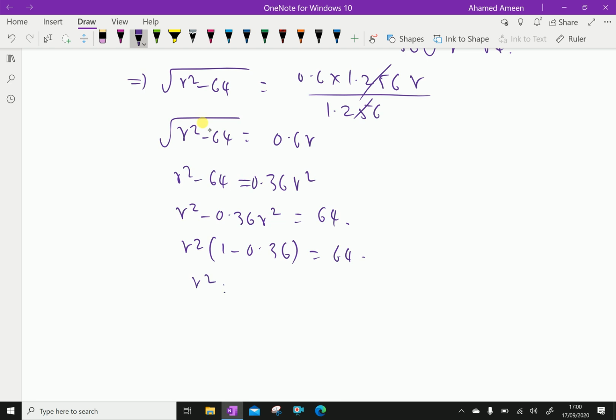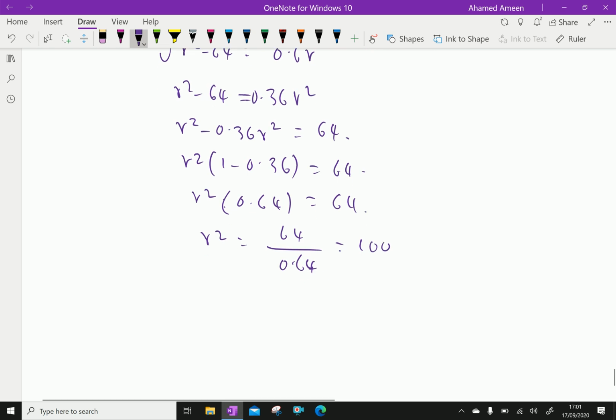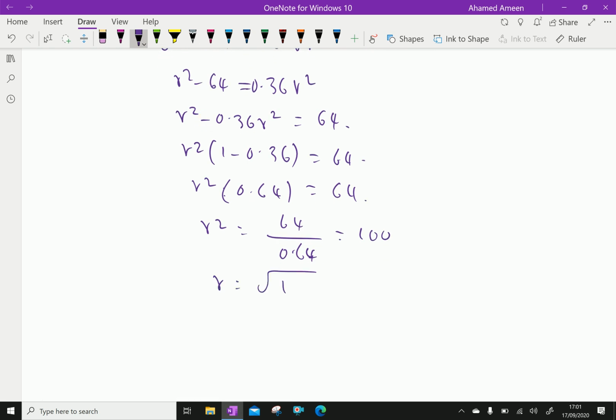Then r squared equals 64 over 0.64, which is equal to 100. Then r equals square root of 100, equal to 10 centimeter.